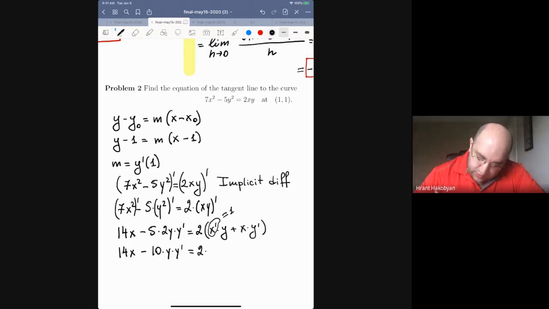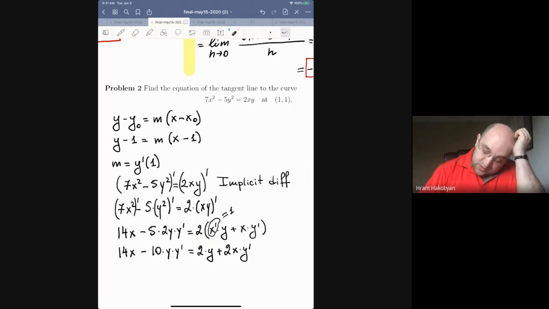So I'm going to do 2 times y plus 2x times y prime. I just distributed the 2 into the parentheses here and also here. I wrote that x prime is just 1, so I didn't write it down.